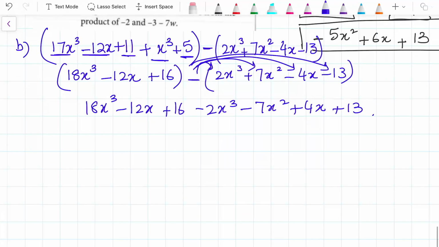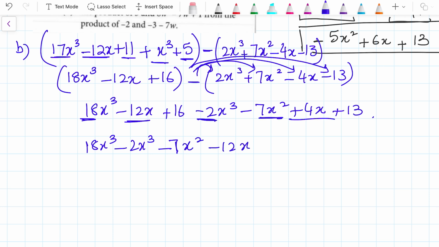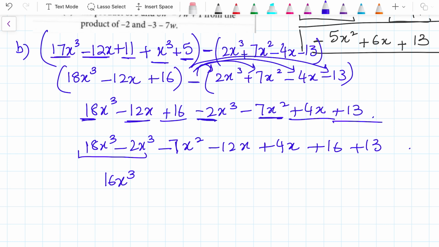A minus sign changes all the signs inside the bracket. 18 minus 2, like terms together, minus 7x squared, then minus 12x plus 4x plus 16 plus 13. 18 minus 2 is 16x cubed. Copy this down. Minus 8x plus 29.